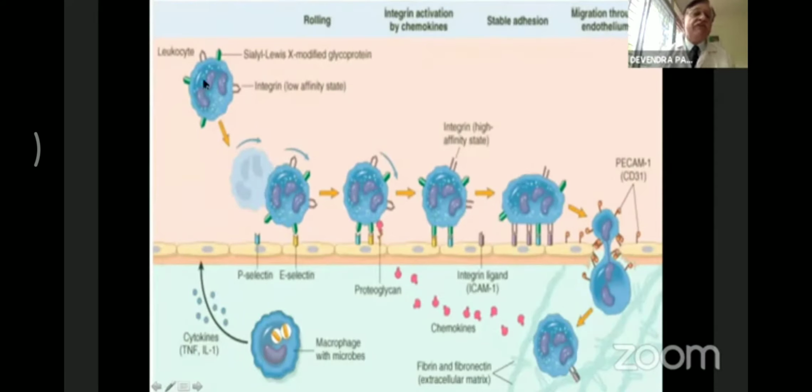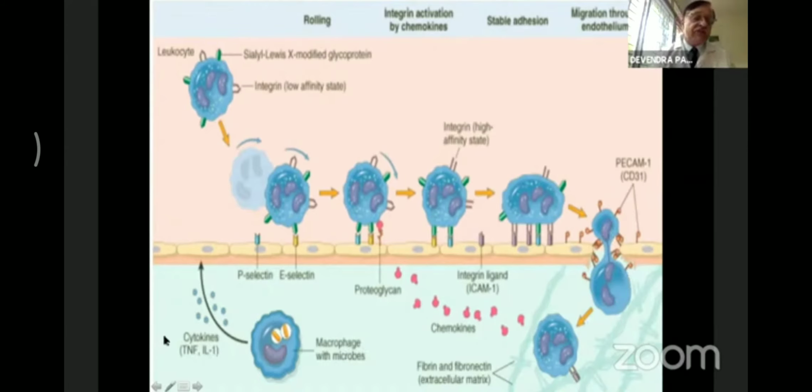So what we see out here is the rolling occurring, E-selectin, P-selectin combining with sialyl Lewis X. Here, integrin is combining with ICAM, also VCAM is present. So firm adhesion has taken place. Ultimately, PECAM has combined with CD31 and the leukocyte has moved out.